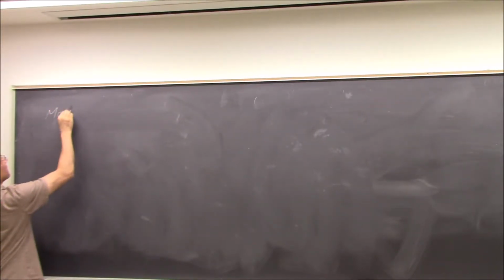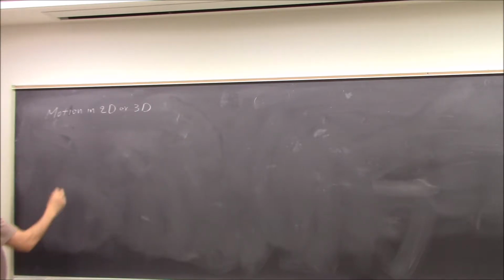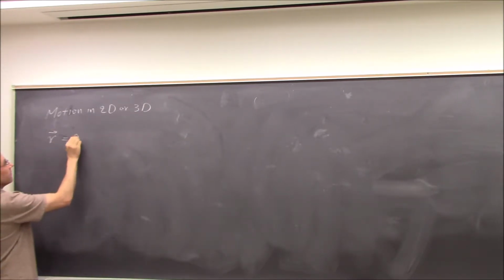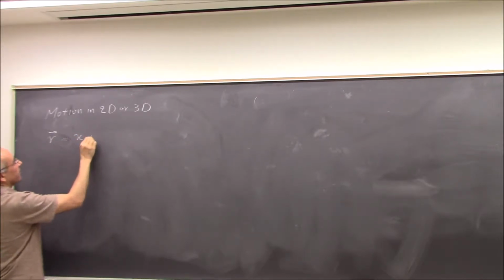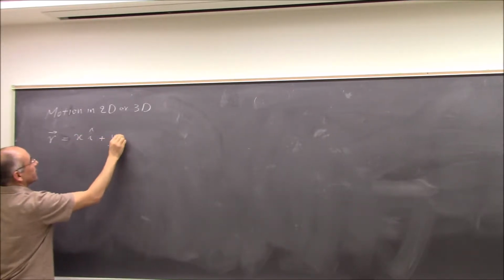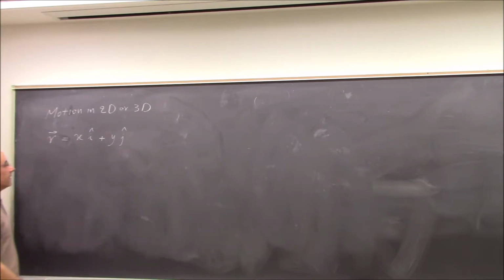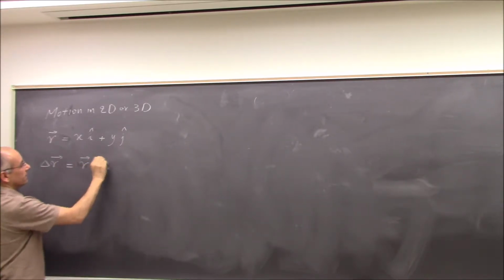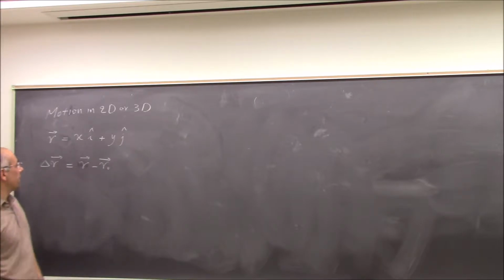In motion in 2 or 3 dimensions, we defined the radial vector as the x component times i hat plus y times j hat, and we said the displacement is delta r, which is r minus r naught, meaning from r naught to r.